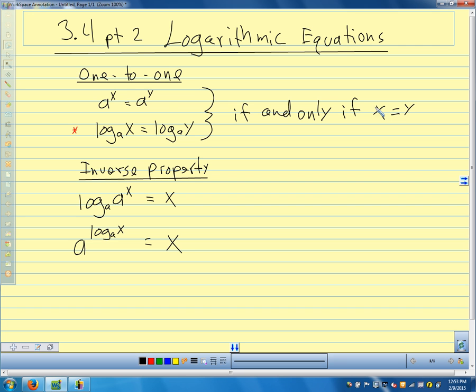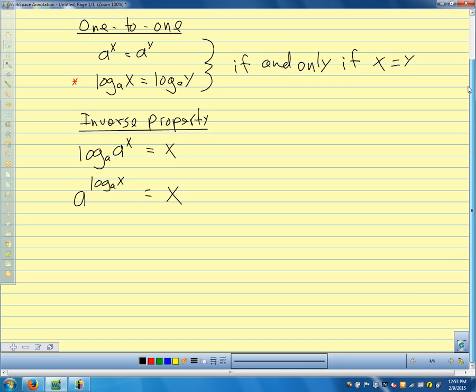So, using the same properties, our guidelines for solving these equations are similar to what we talked about for exponential equations.